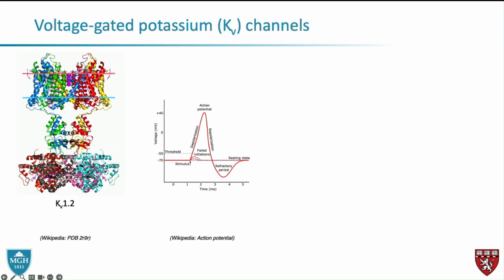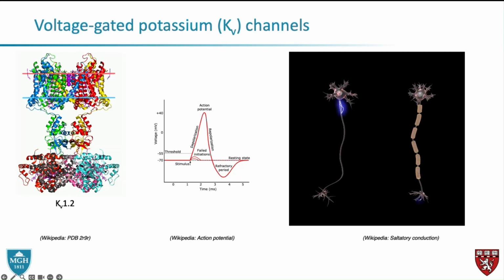It goes from a resting potential of minus 70 millivolts to plus 40 or so millivolts. And then when the voltage reaches that level, potassium channels open. There's a voltage sensing domain, which is not shown on this structure, that opens the potassium channels, and then you have repolarization. So potassium rushes from inside of the cell to outside of the cell.